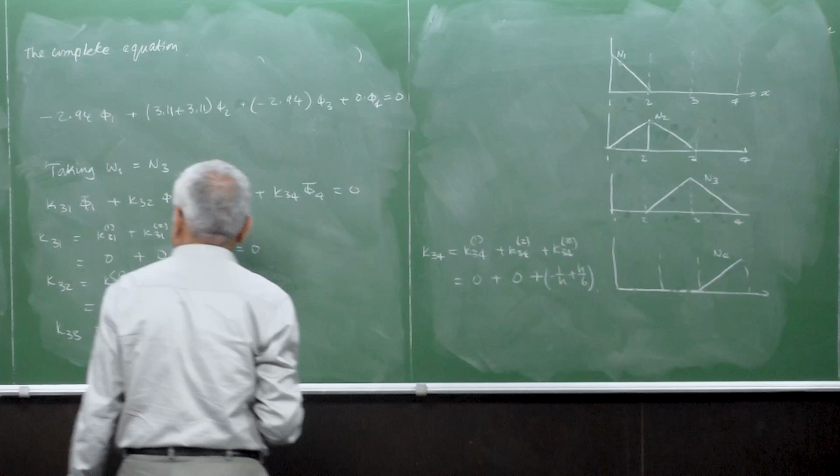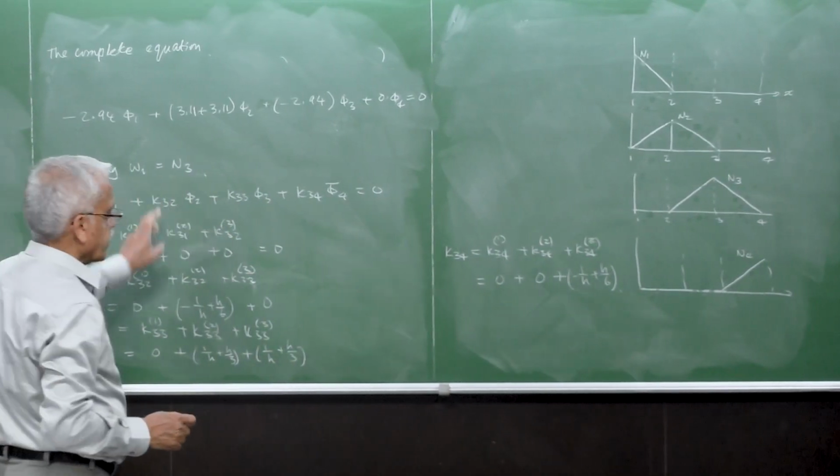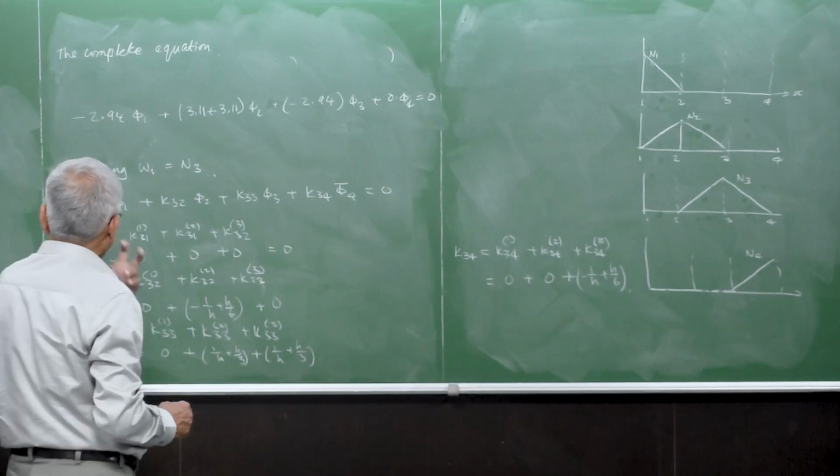Okay, so like this we have the equation taking Wi is equal to N3.